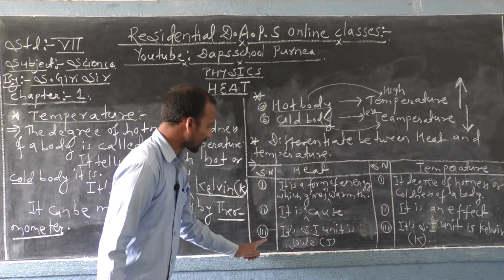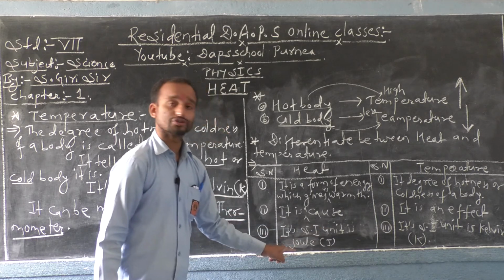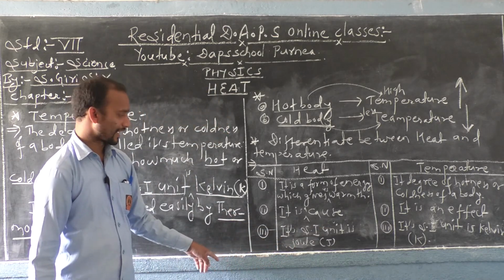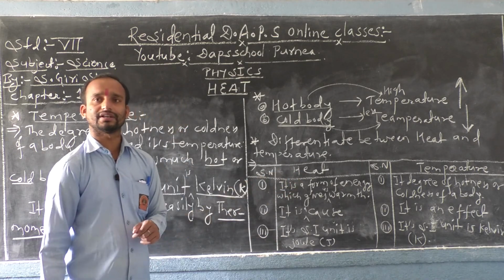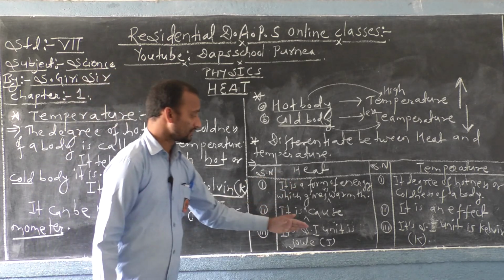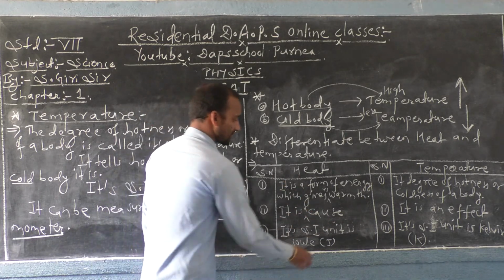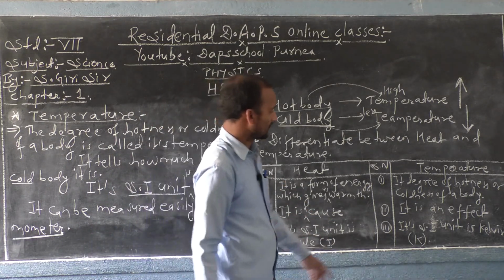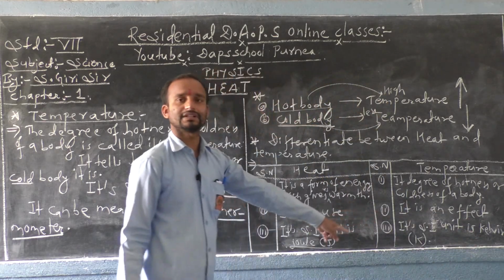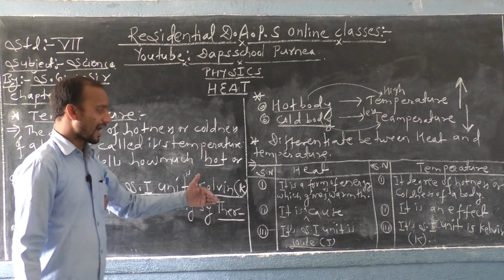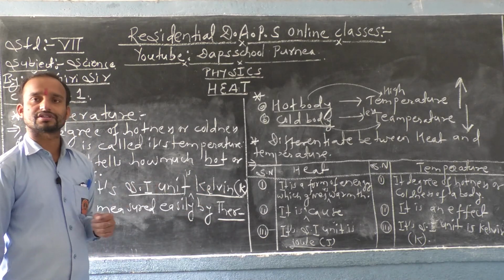Now next, point number 3, you can mention that the SI unit of heat is joule. I told you earlier, when you measure heat energy in the internationally valid unit, you have to mention it in joules, and the SI unit of temperature is Kelvin, capital K. Every physical quantity is expressed in its SI unit.